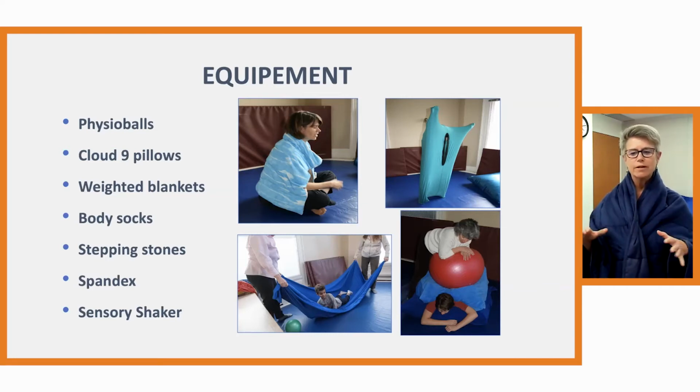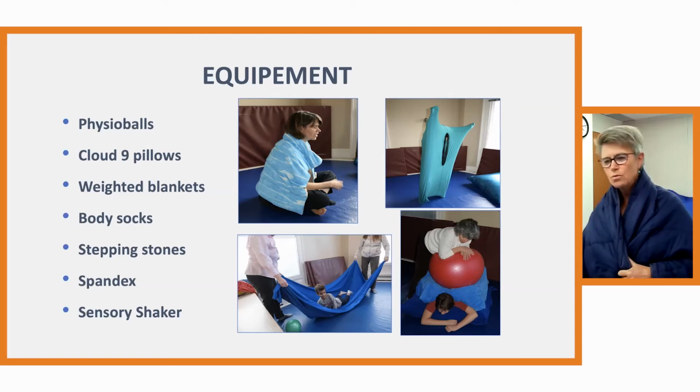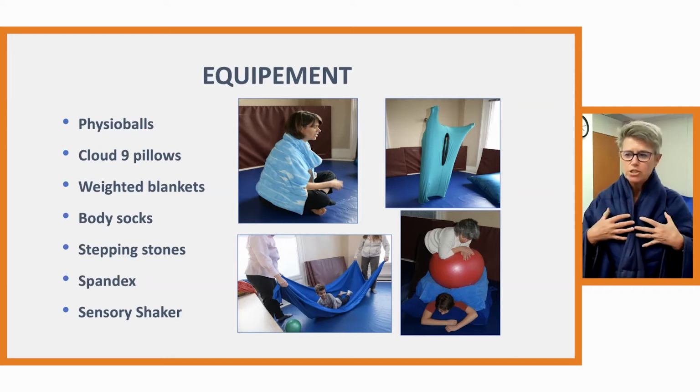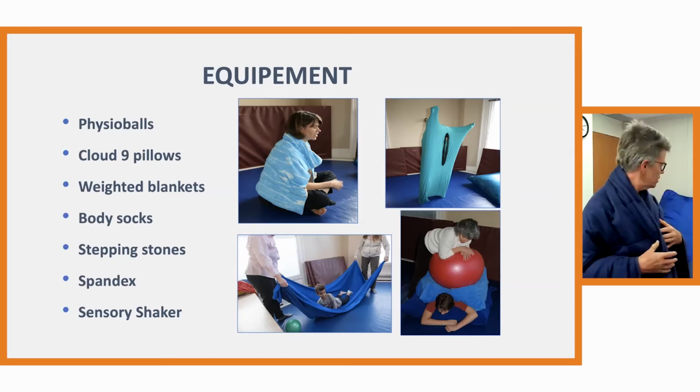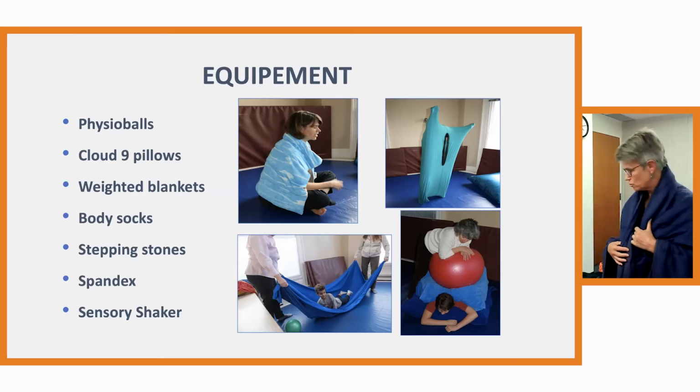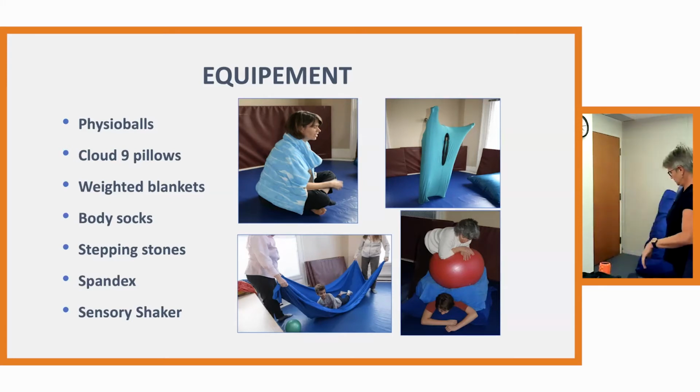I kind of get a sense of like, oh, things are okay. So when we're looking at physiology and working with arousal, these are some of the tools that we use.